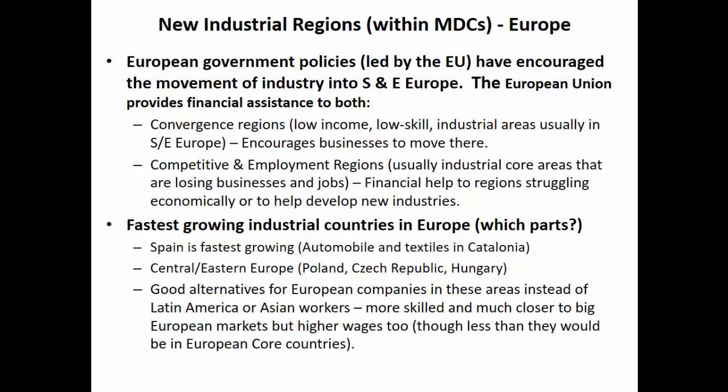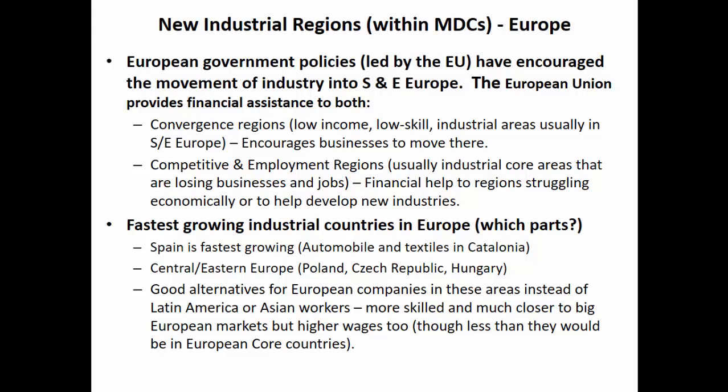And then the EU also gives assistance to what are called competitive and employment regions. These are usually industrial core areas that are losing businesses and jobs. So like the United Kingdom, for instance. They get financial help so they can develop new industries to make up for the ones that they are losing as those jobs move from competitive employment regions over to the convergence regions.